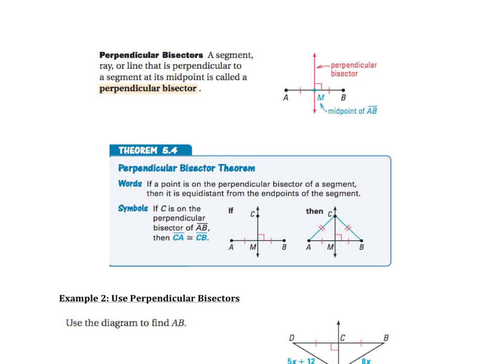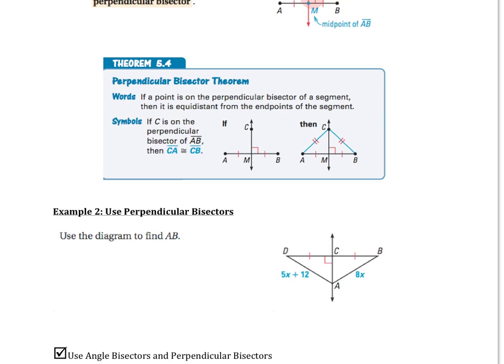A perpendicular bisector can be a ray, a line, a segment. It is perpendicular, and it goes through the midpoint of a segment. Remember that a midpoint splits a segment into two congruent parts.